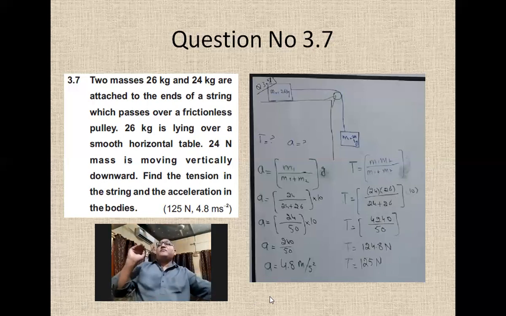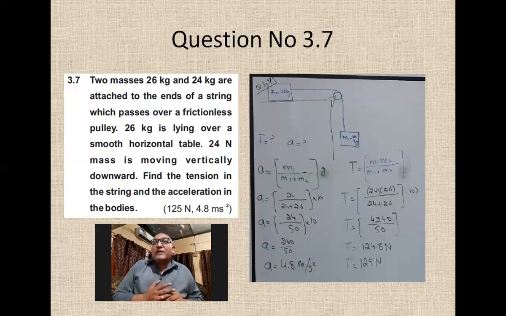You see, question number 3.6 and question number 3.7 are two numericals in the exercise, and there are two examples in the book. So in total there are 4 numericals on these 2 articles. You should all the time remember the formula for the tension and acceleration for bodies which are both moving vertically.